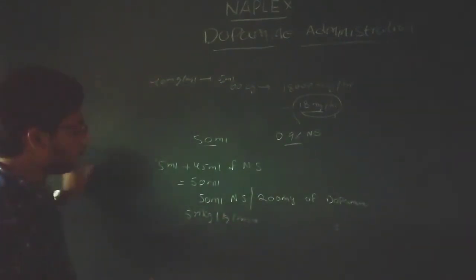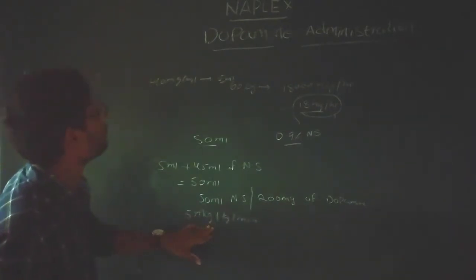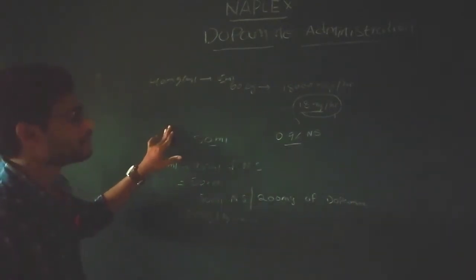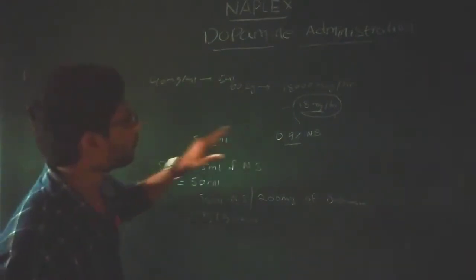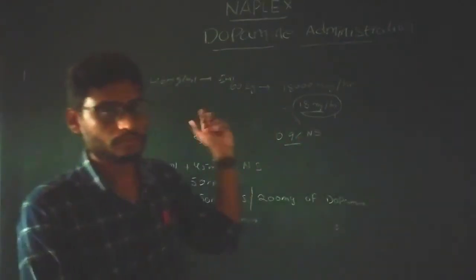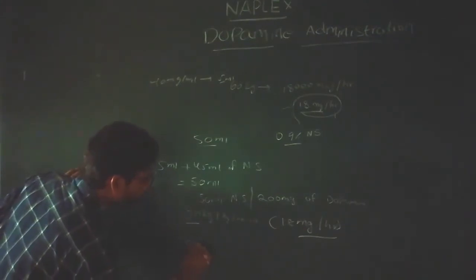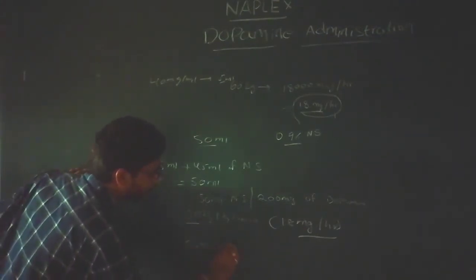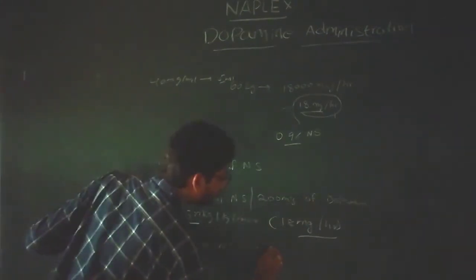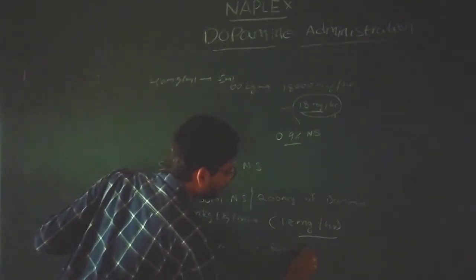So already we have calculated the dose of dopamine needed for a patient weighing 60 kgs. We got an 18 mg per hour dose. 50 ml of normal saline contains 200 mg of dopamine.